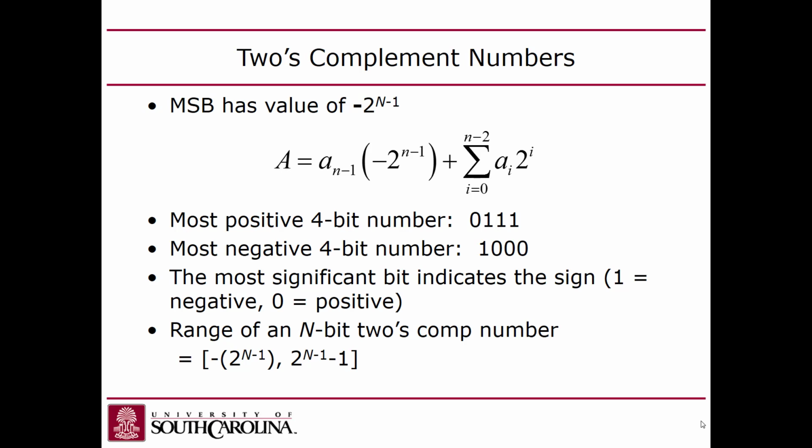So if you have a 4-bit number like that, you could look at it and say, well, the first bit's 1, so that tells me it's negative. But aside from that, I'm like, well, negative something, I don't know what that is. I can't tell from looking at it. I don't have the 2's complement thing memorized. I can't just look at that number and tell you what it is.